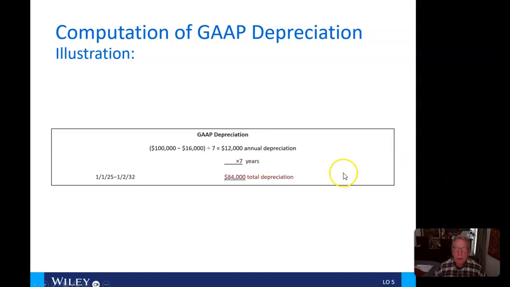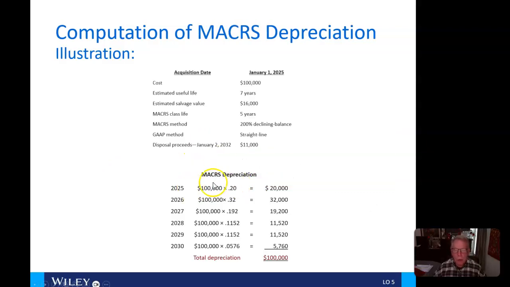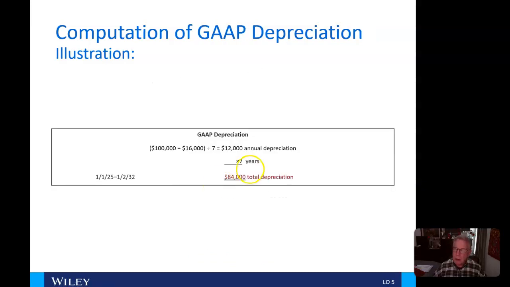Now, for GAAP, we're going to take the 100,000, subtract. One last note on that. You'll notice that we did not subtract out salvage value in MACRS. We do not subtract salvage value from MACRS. Okay, but under GAAP we do. So here we take the 100,000 less the 16,000 divided by 7 years.